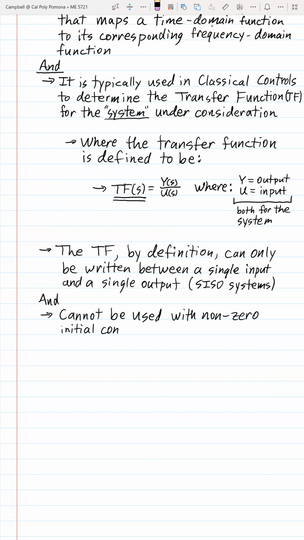So when we are working with transfer functions, it is assumed that the system has zero initial conditions for all the states that are associated with the system.